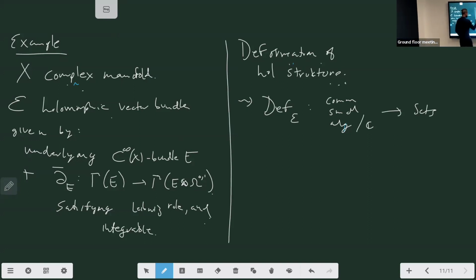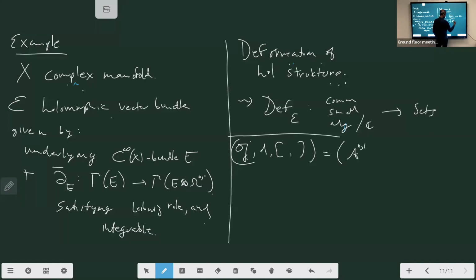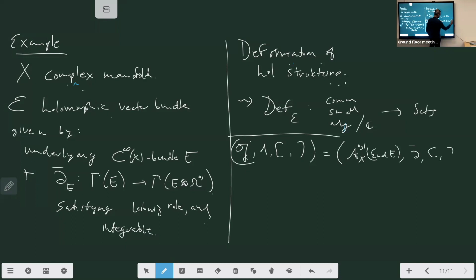And again, there's a differential graded Lie algebra G, which is going to be A01 of End E, comma del bar, with the commutator bracket.